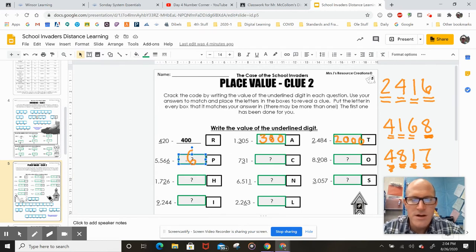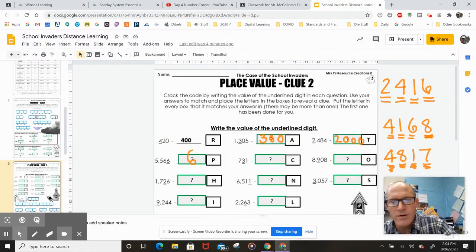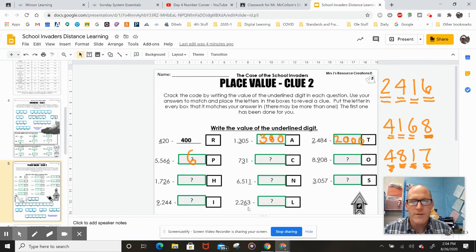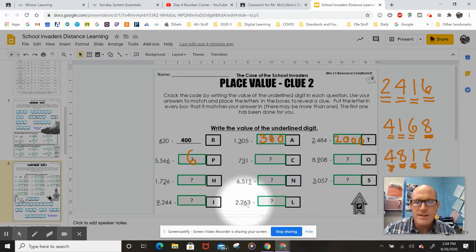Let's take a look at another one. Let's look at this as our example. What we have is the number 2,263. All right, so let's take a look at that.